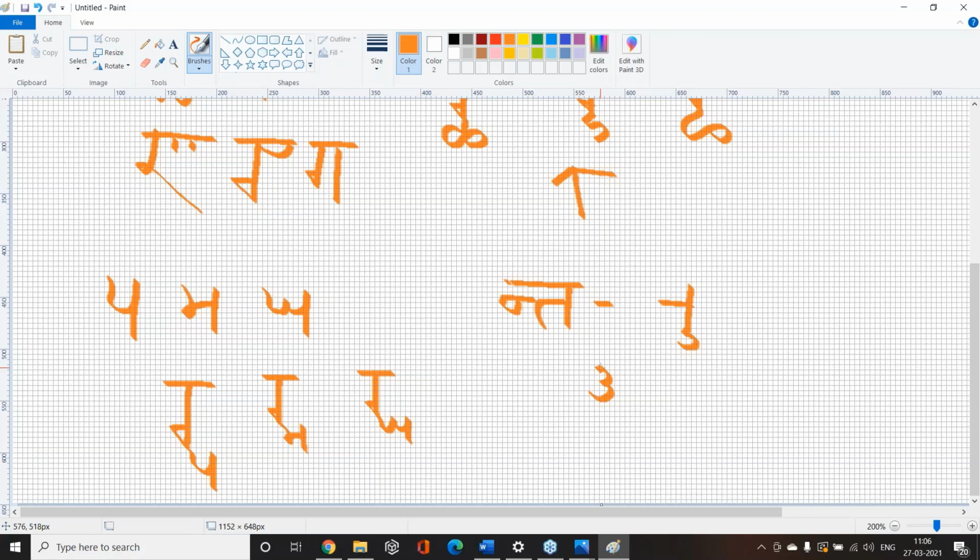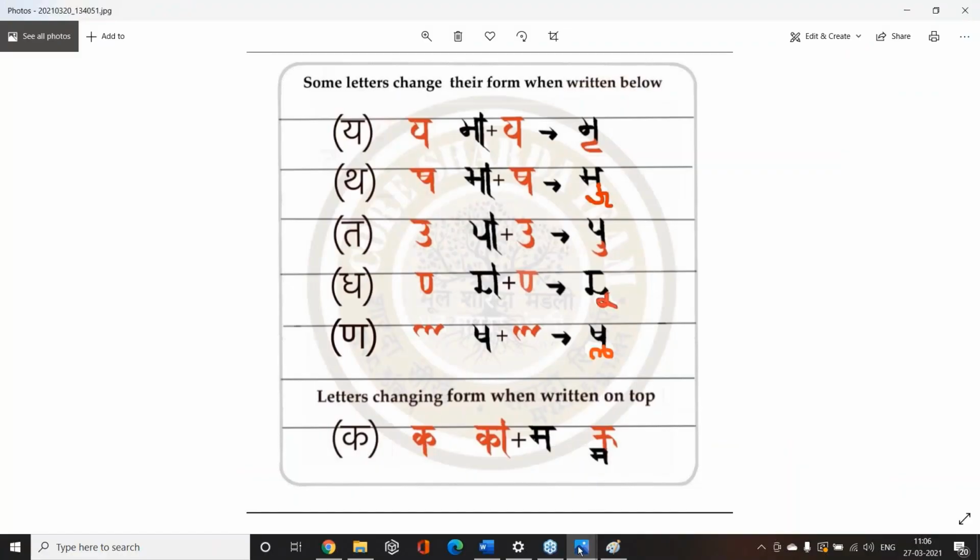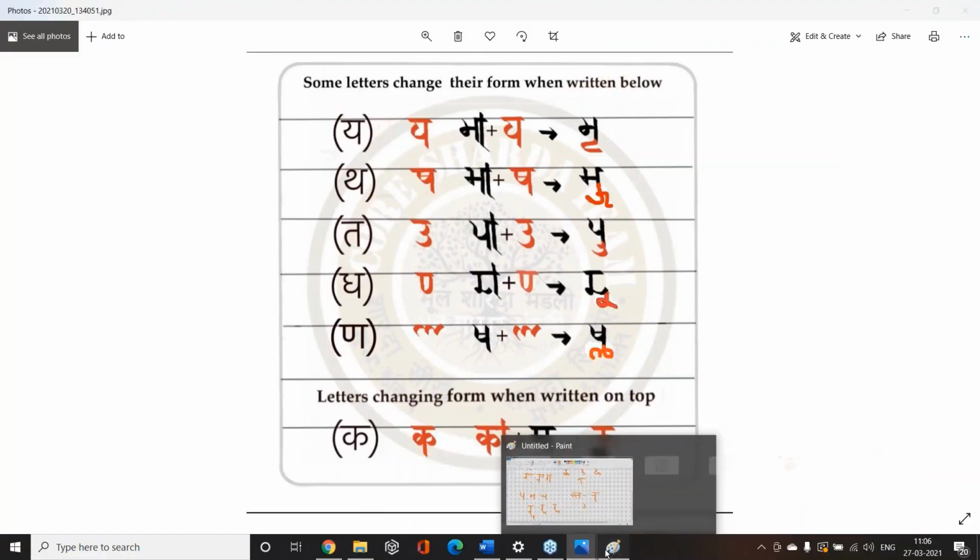It will merge with the letter that is written above, and the second curve of the ta would be written full as shown here. Now, if you want to write it with, for example, let's say, here as it is shown, pa also will follow the same rule.